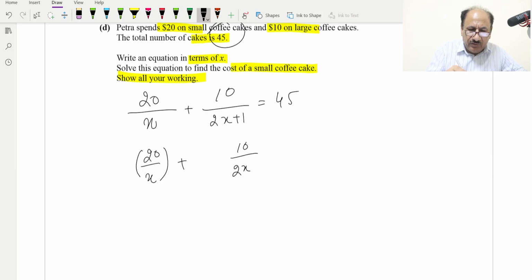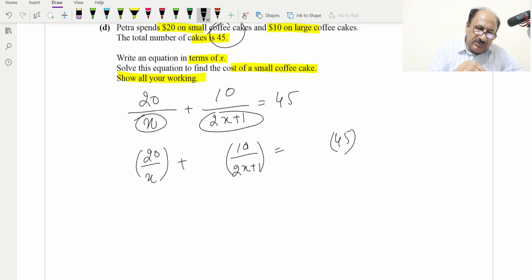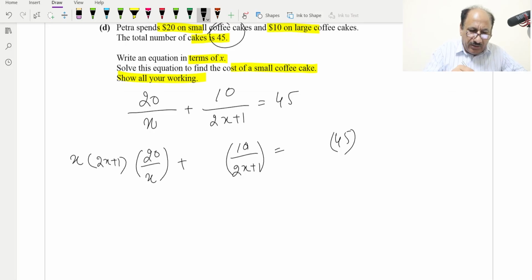So I will be writing first in brackets this one, and is equal to 45 also I will write in brackets. Now after writing this in brackets, whatever this denominator and this denominator, I will put with all of them. So I will write here x and 2x plus 1. I will write here x into 2x plus 1. So 2x plus 1, and similarly x into 2x plus 1.